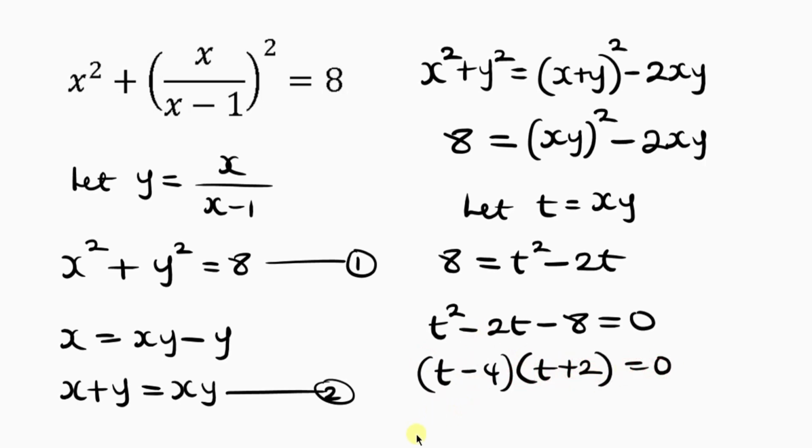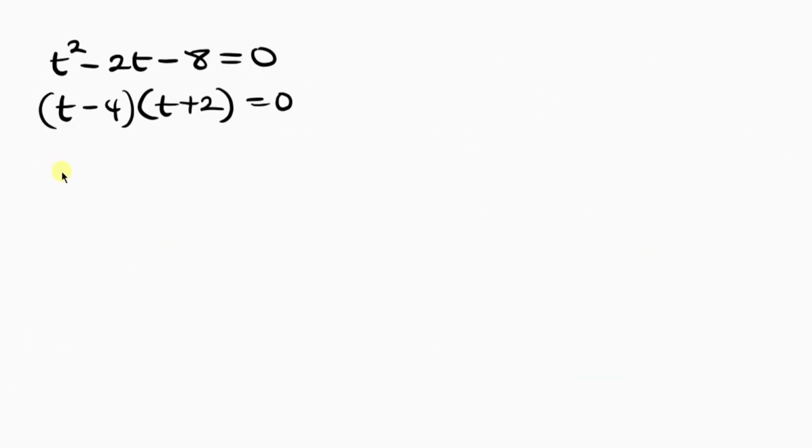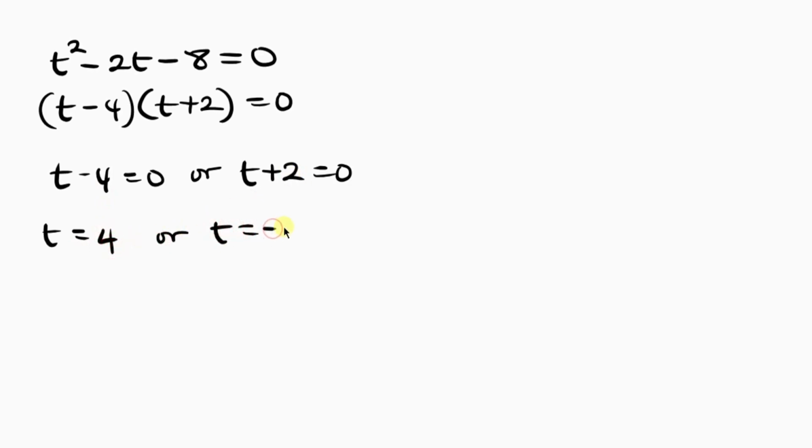Very good. So we are very close to our answers. Let's move on. So we have t minus 4 equal to 0 or t plus 2 equal to 0. So here I'm going to be getting the value for t, which is going to be equal to 4, or the value for t here is going to be equal to negative 2.